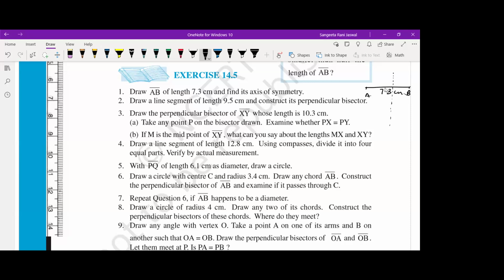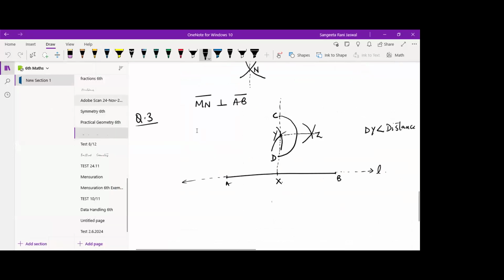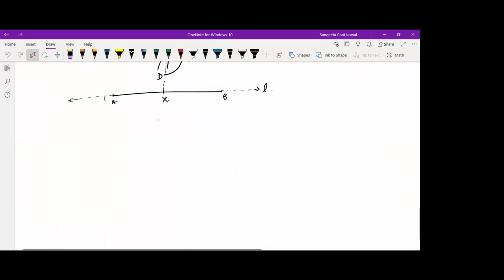This is another name for perpendicular bisector. Understood, children? So let's see how we construct it. Let's move to the page where we have to do the construction.